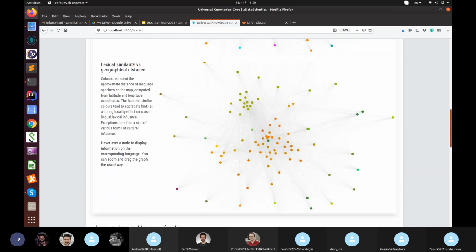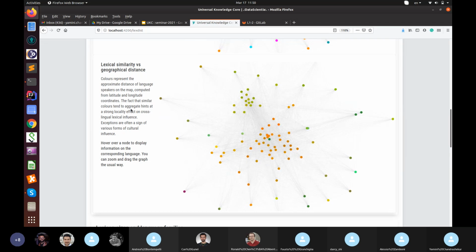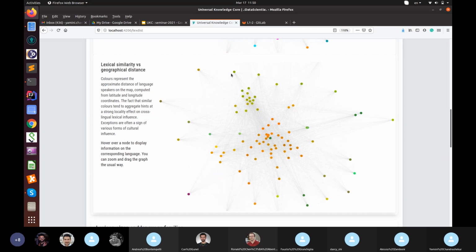So moving on to the next graph here, we look at the nodes. Now, the depiction is a similar concept, but the factor that it focuses on is the geographical distance two languages have. So here, each color represents the distance between.